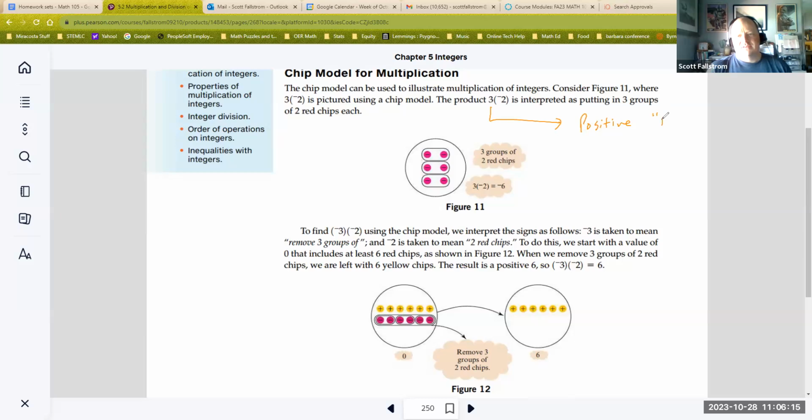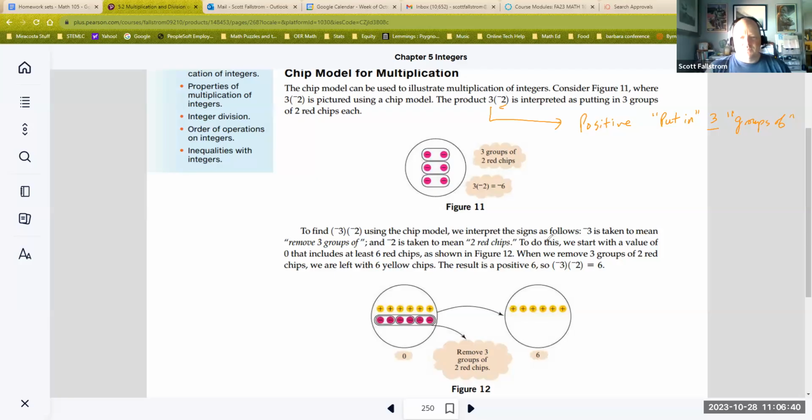So positive means that I put in. And then the number is 3, and then we say groups of. So I put in 3 groups of -2. So what you can see is that I actually put in 3 groups of -2.